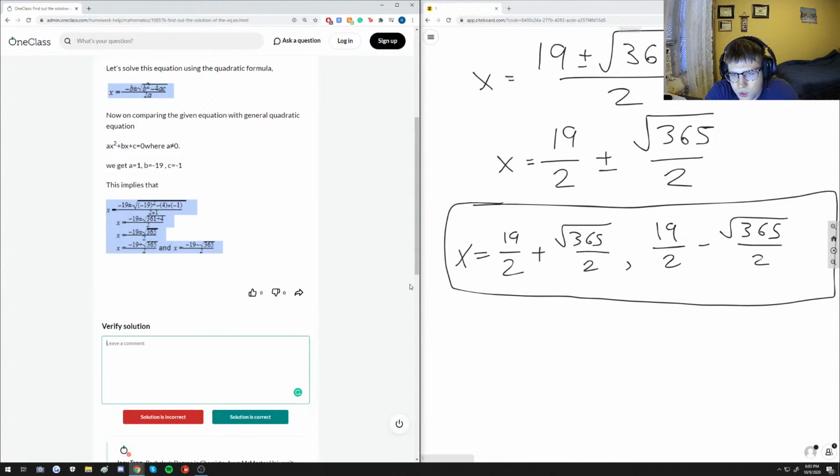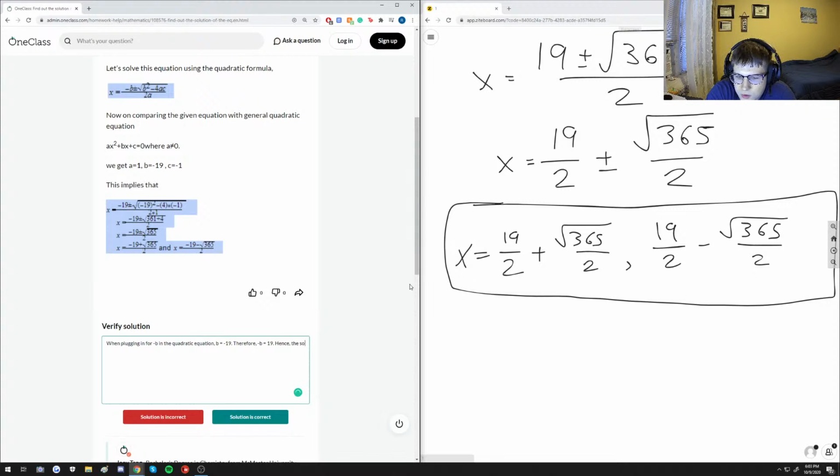So my solution is still correct. When plugging in for the quadratic equation, b is equal to minus 19. Therefore, minus b is equal to 19.